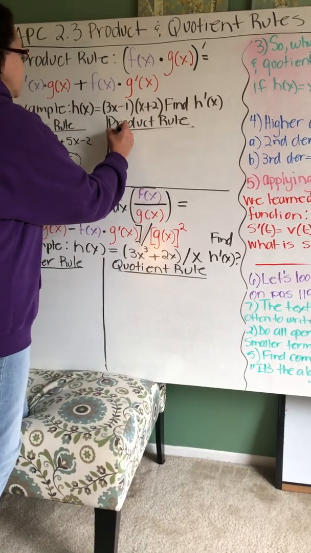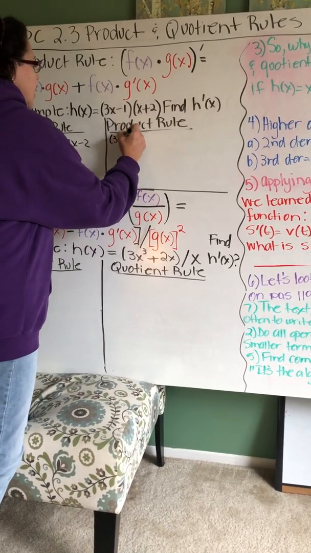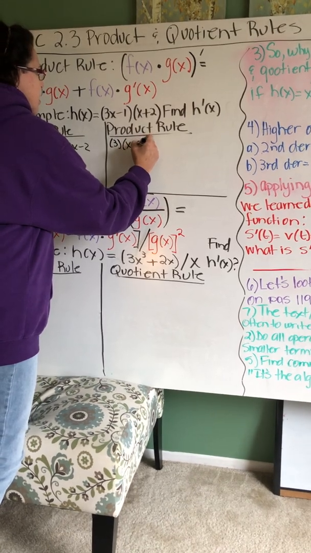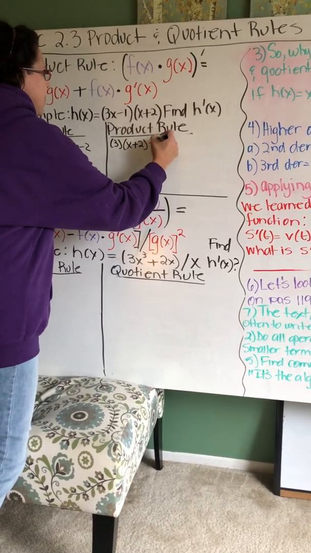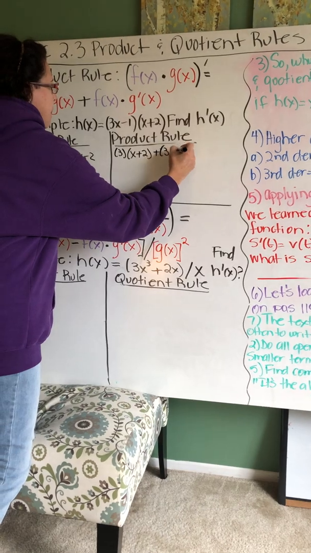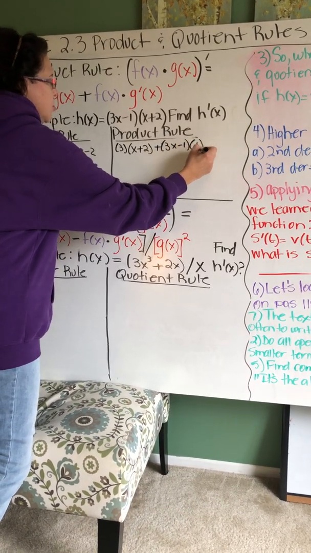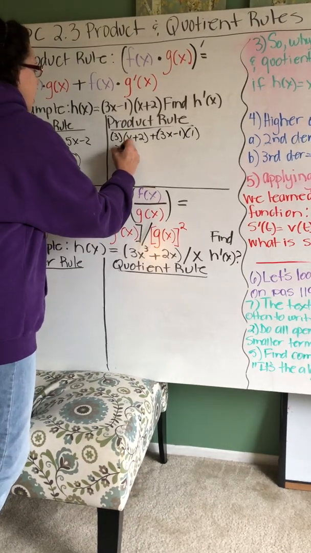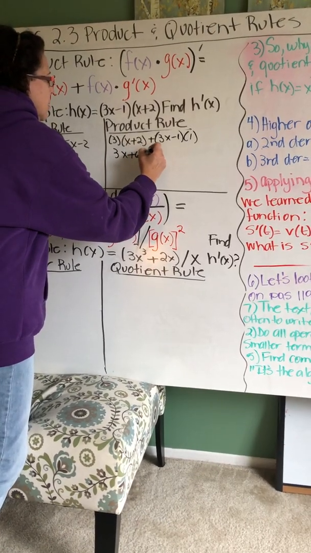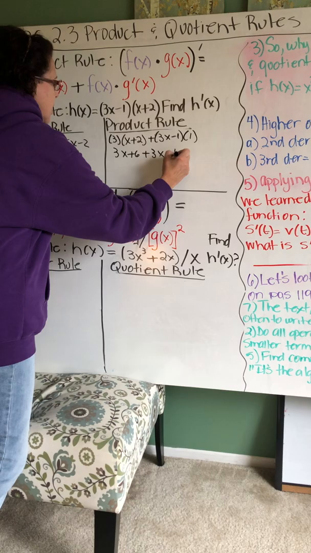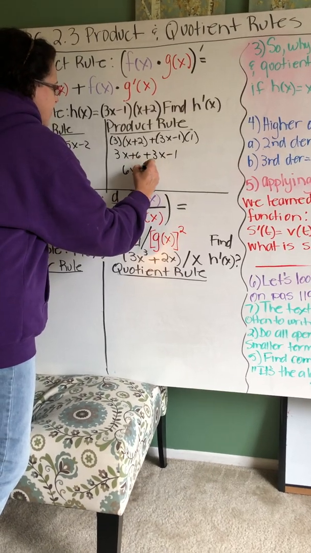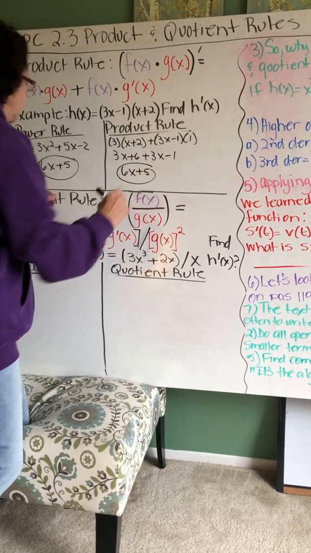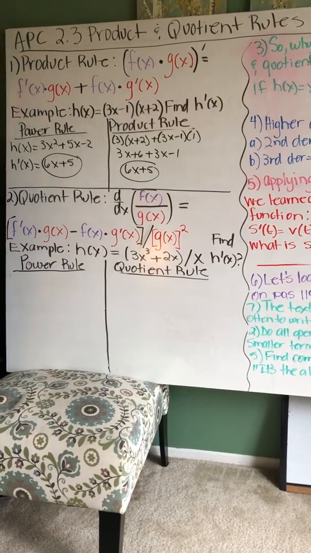I take the derivative of f times g plus I keep my f and multiply it by the derivative of g. I'm going to do some distributing here. 3x plus 6 plus 3x minus 1, and we get 6x plus 5. Notice you get the same derivative.